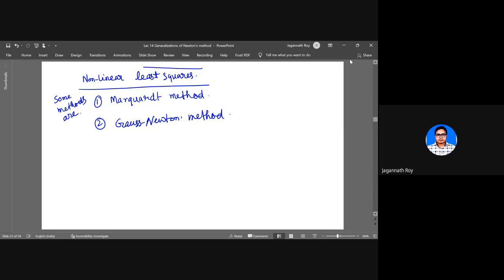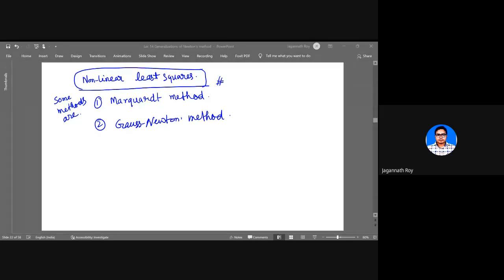Now, what are these least square methods? Because we are discussing this nonlinear method. How many of you know about the linear least square methods in numerical analysis for data fitting? Have you studied it in an undergraduate course? I have not studied, but I have read about it.